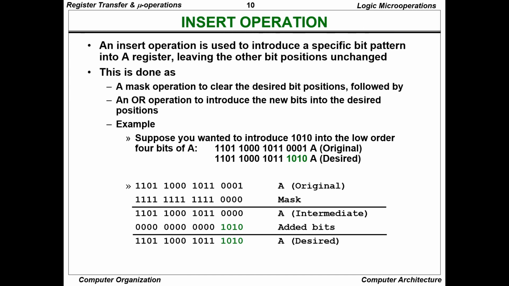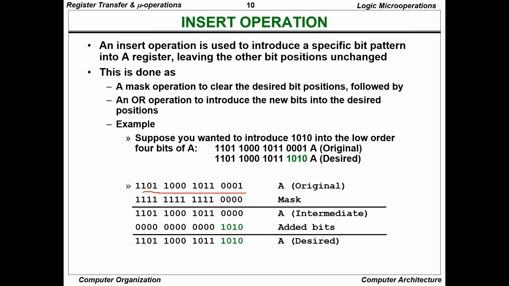So now insert operation. An insert operation is used to introduce a specific bit pattern into A register, leaving the other bit positions unchanged. That is a mask operation to clear the desired bit positions, followed by an OR operation to introduce the new bits into the desired position. Okay, so this is the original bit 1101 1000 1011 0001, and the desired is the mask.